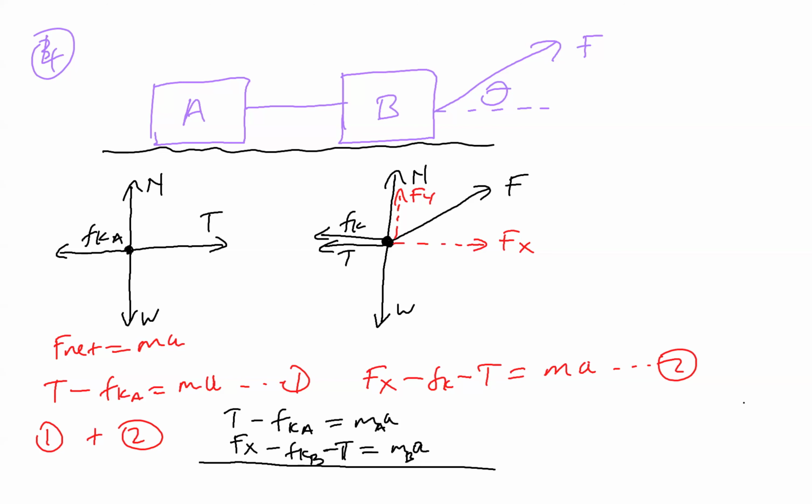We are going to end up having Fx minus Fka minus Fkb is equal to (Ma plus Mb) times a. Then we can calculate acceleration. We can calculate any other thing depending on the question that you are given. Is that clear?